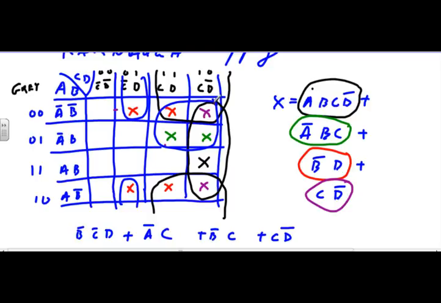So we're going to look at this group of 4 right there. What is true about that group of 4? Well, what's true is that they have to be C, and they have to be A naught. So A naught C characterizes those 4 guys, because D doesn't matter.